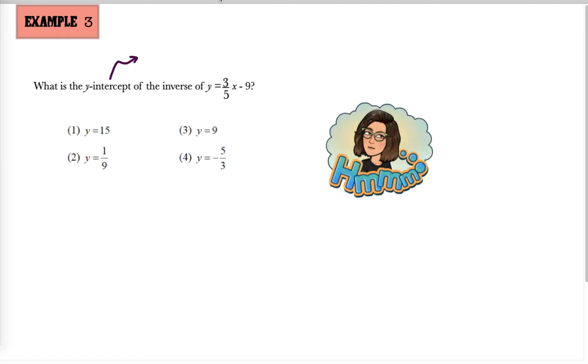A y-intercept means I am going to put in 0 for the x value, and that will reveal my y-intercept. So there's a couple of ways you could do this. You could say, okay, if I put a 0 in here, that would mean that -9 is my y-intercept, but that's for the function.